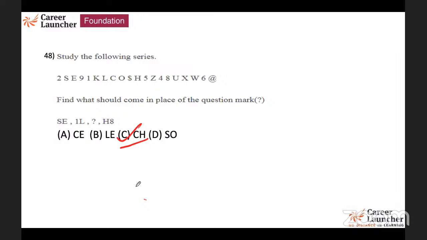So S and E. S1 dash H, S1 2CH. This is what is happening. S1CH. Then you have EL, and after that again it has to be H, and then it has to be 8. So clearly the answer is CH.